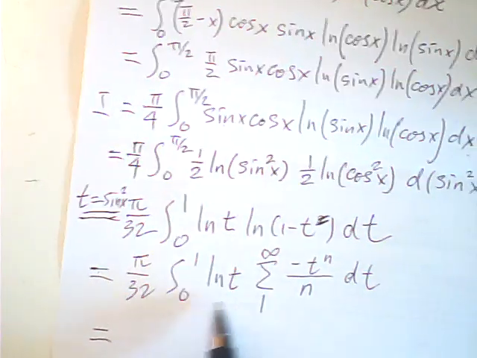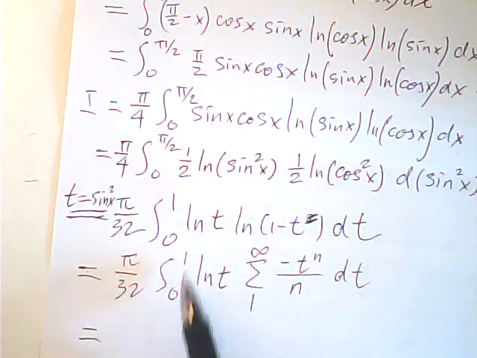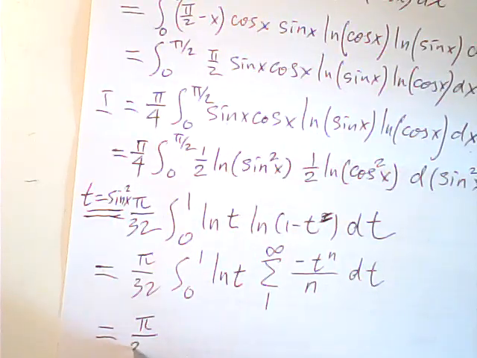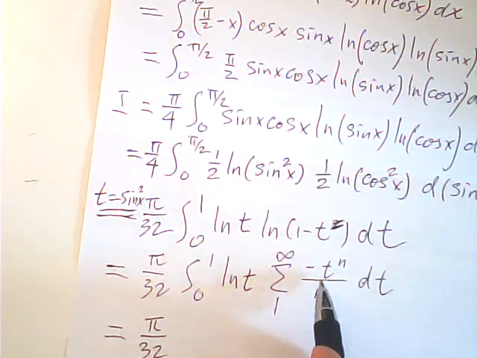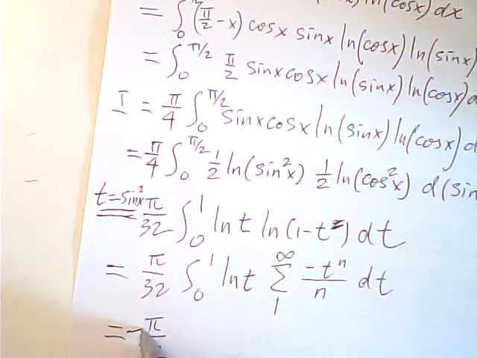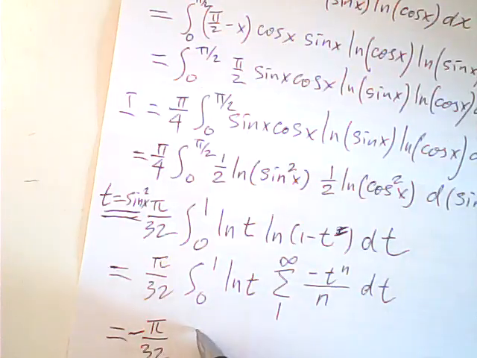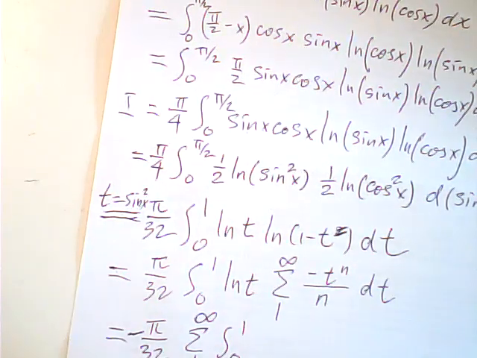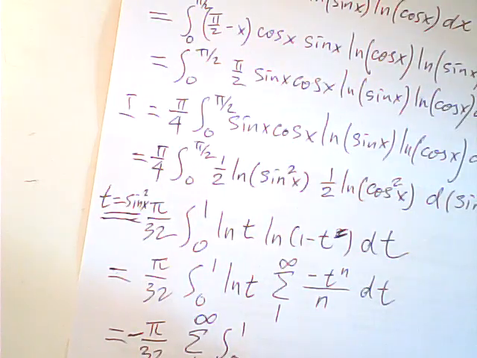I switch the operator because this series is convergent in this interval. Therefore, it becomes pi over 32. I bring negative outside. So negative, switch the operator, the integral, right?